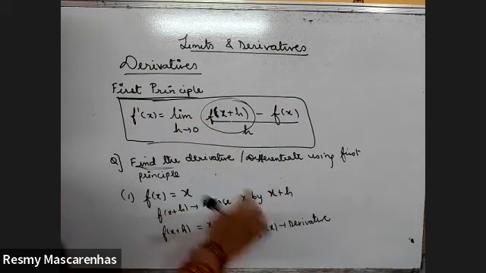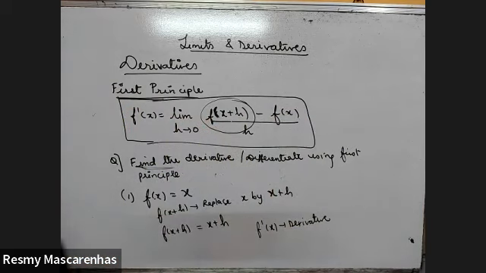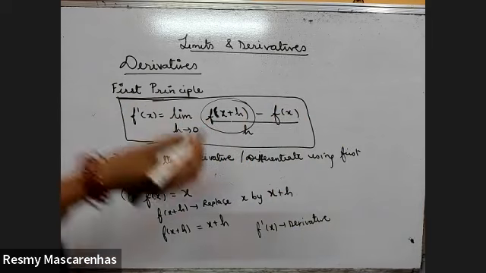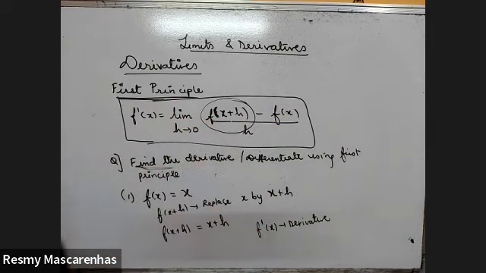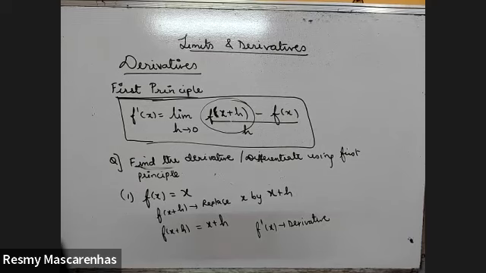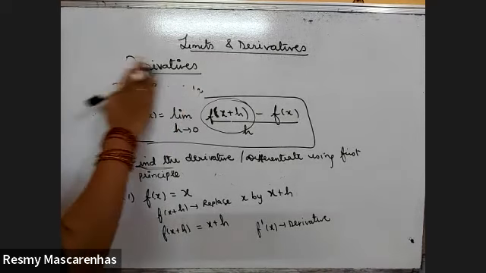So we have to find the derivative now. The moment I put a dash here, it's understood we are finding the derivative of it. To use the formula, write the formula. So this is the formula. Write it again.